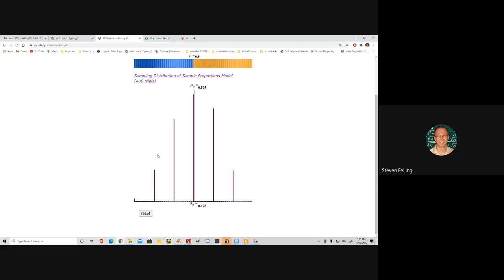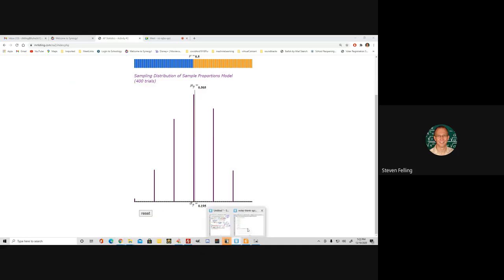So all those rules that we learned in probability about when you can approximate a binomial with a normal apply here too. Whenever that is met, when P is close to 0.5, or even if P isn't 0.5 but N is large enough, then you can say that the shape is approximately normal.